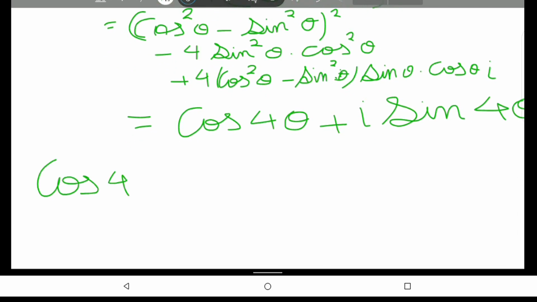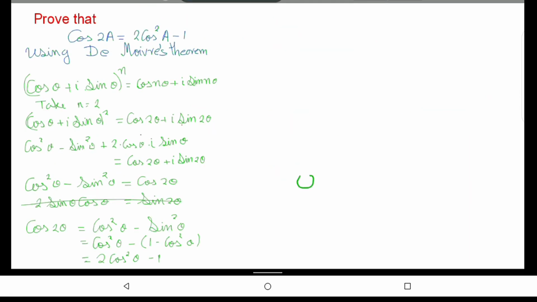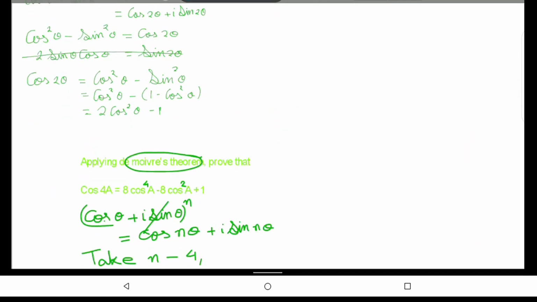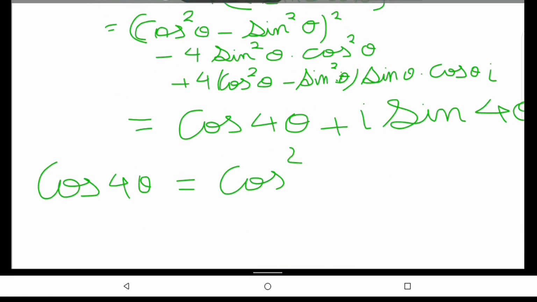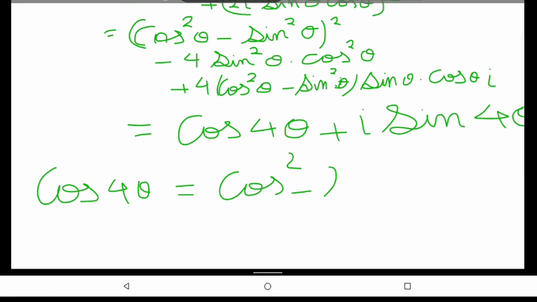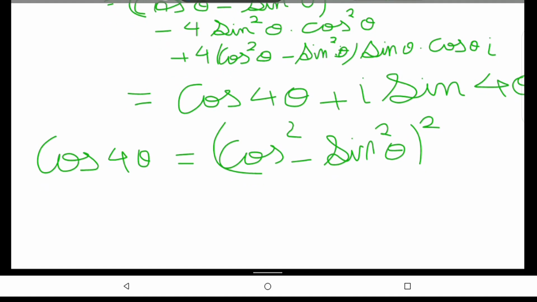Cos 4 theta equal to cos square theta minus sine square theta whole thing square. That's one part of the real part, minus 4 sine square theta into cos square theta.